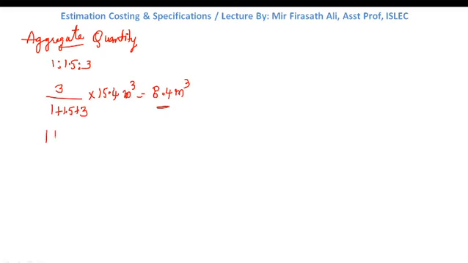1 ton is also equivalent to 0.64 meter cube, or sometimes we take it as 0.62 meter cube.